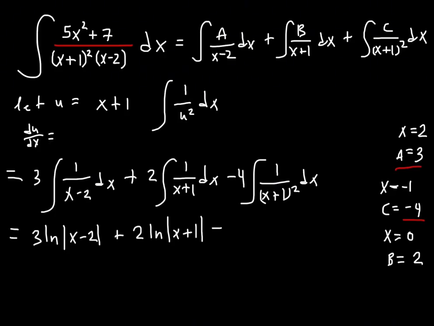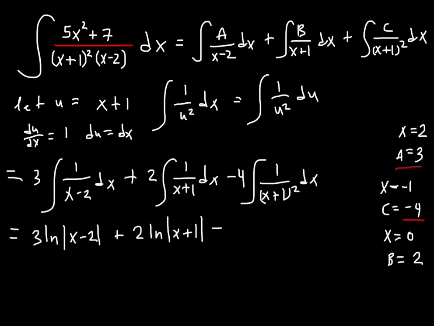So the derivative of x plus 1 is simply just 1. And now I need to solve for dx. So I know that du equals dx. I simply multiply dx on both sides. So du equals dx. So this gives the integral of 1 over u squared du.